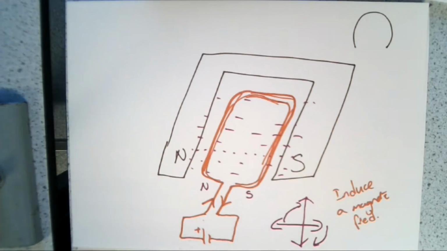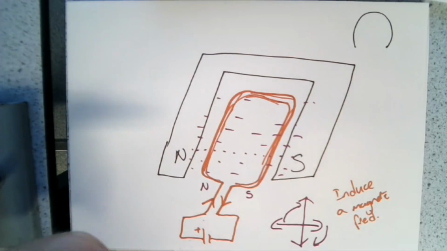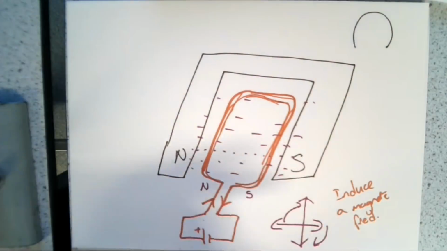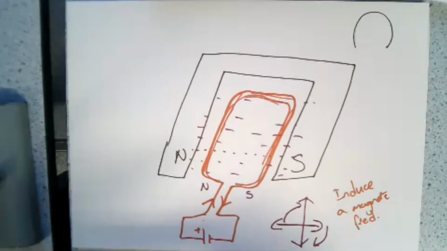Now, this is where Fleming's left-hand rule comes in, because I could ask you, which direction does it move in? So let's get our hand ready. I'm going to start off by taking my finger, and I'm going to write on it here: N S, plus minus.